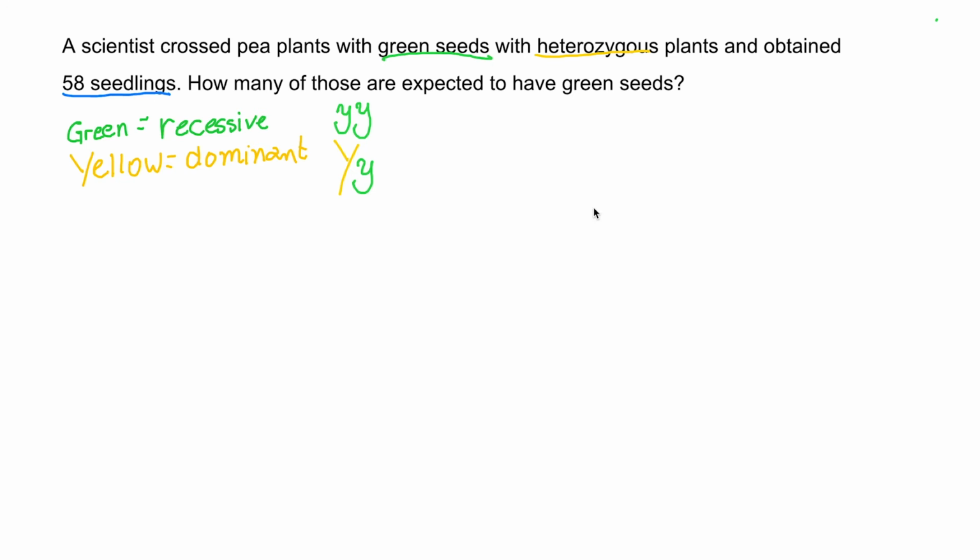So now we are going to use our good old Punnett square. You have the square here, and on top you put one of the parents. It doesn't matter which one, as long as you put one of the parents here. So small y, small y. All right, so this is the green seed plant.